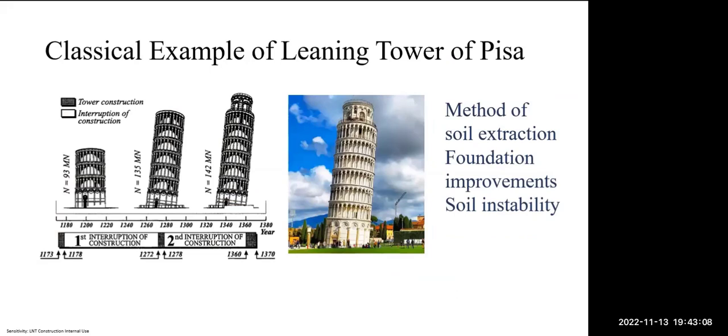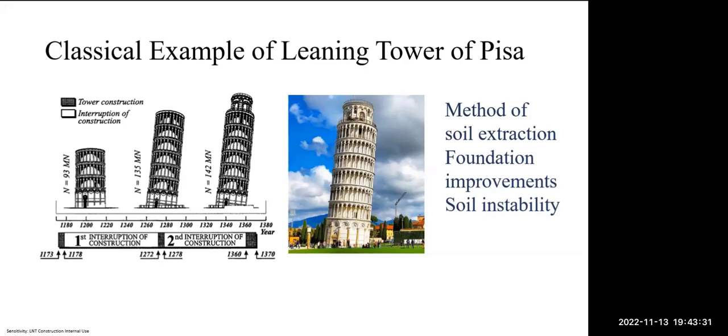As I told, different classical examples will be covered. One such example, we will start with in the very first lecture of this course, is the Leaning Tower of Pisa, and how ground improvement controls it. Due to the poor foundation and the consolidation of the foundation soil, the tower was tilting.